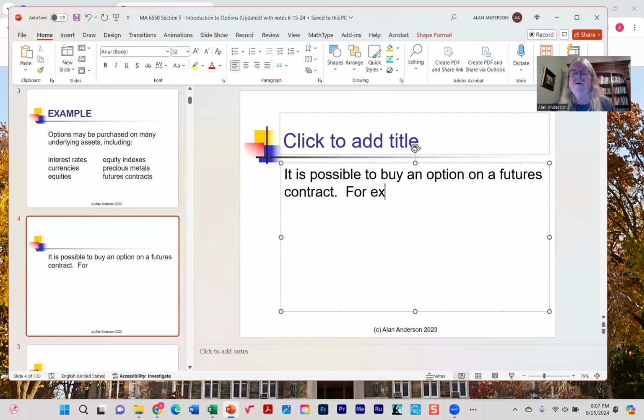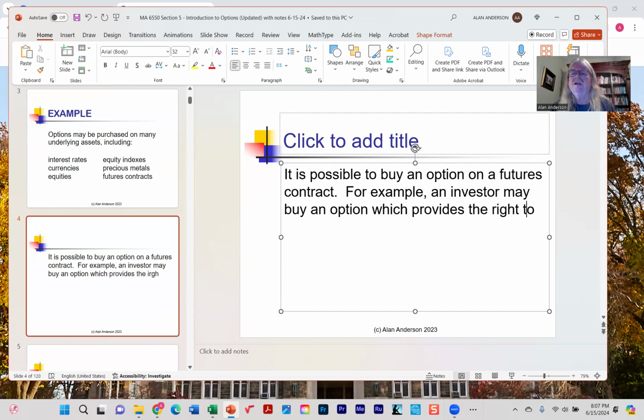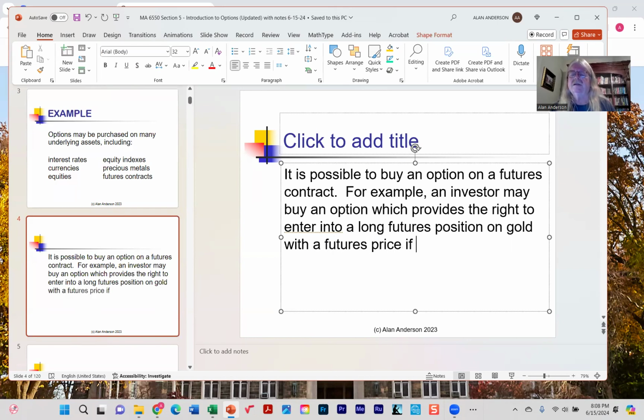For example, an investor may buy an option which provides the right to enter into a long futures position on gold with a futures price of, let's say, $1,800 per ounce.